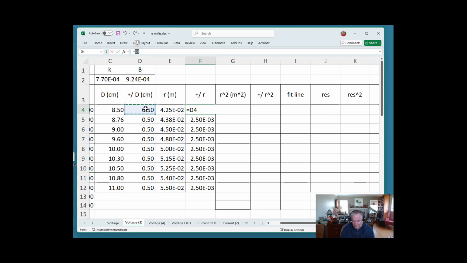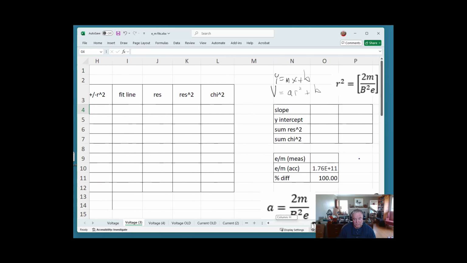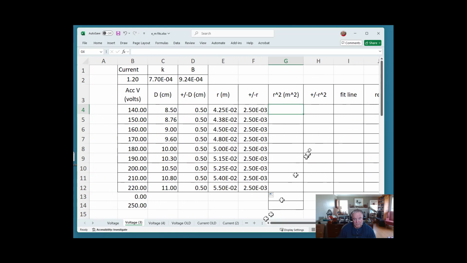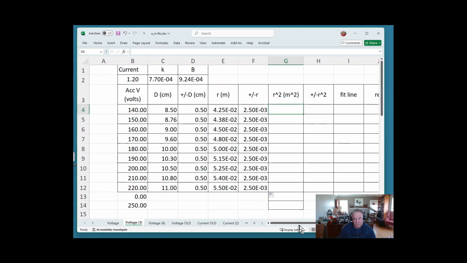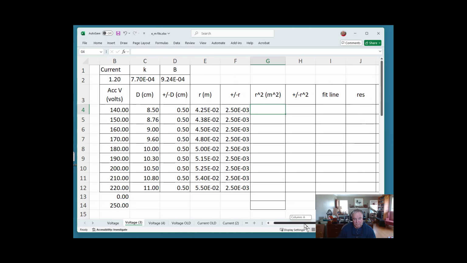So the plus minus, divide by 2 and divide by 100, and we get ourselves our plus minuses. And then, of course, r squared. Now remember, our goal is to plot r squared as a function of voltage.